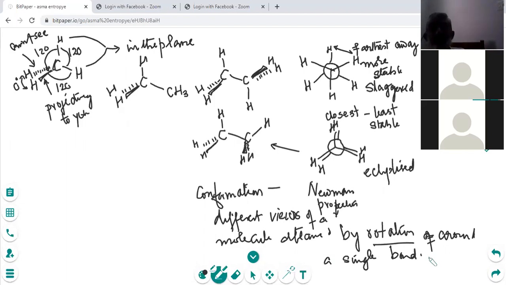Okay, so this is conformation. Different views of a molecule obtained by rotation around a single bond is known as conformation.